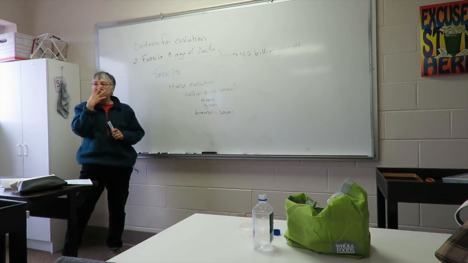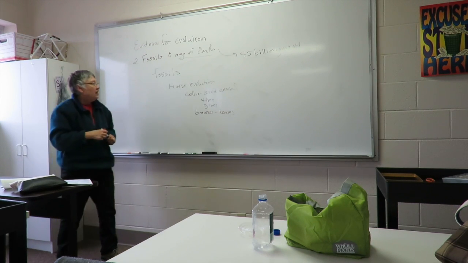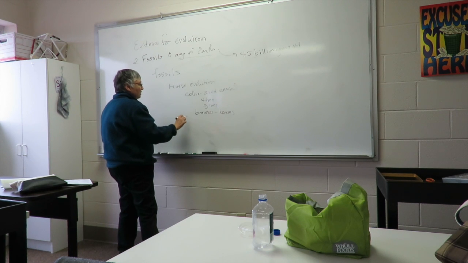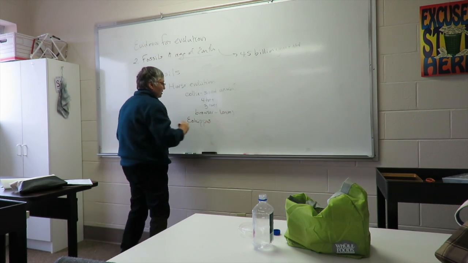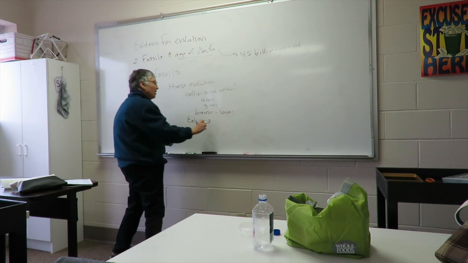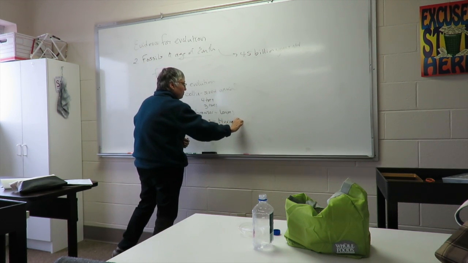And it had a very short snout, so not much like a horse. These early horses, an old name that you might run across is Eohippus, which means dawn horse, or Hyracotherium.